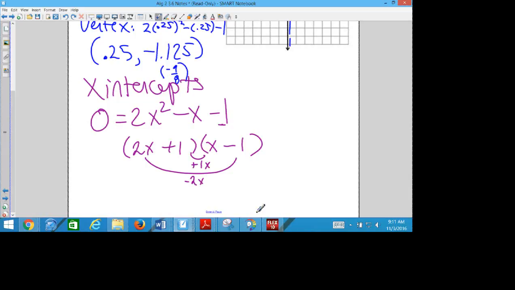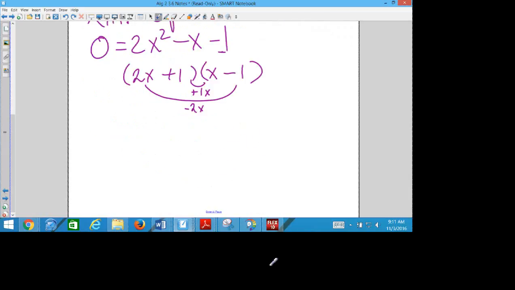What do I do once I factor it? Set them equal to 0. Good. So we have them set equal to 0. We're going to solve each. We have 2 x-intercepts.